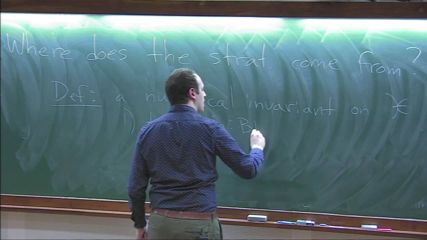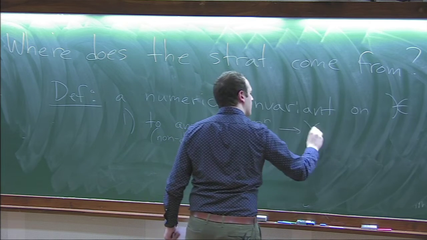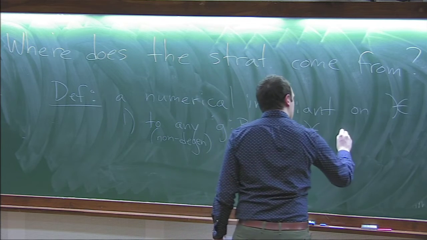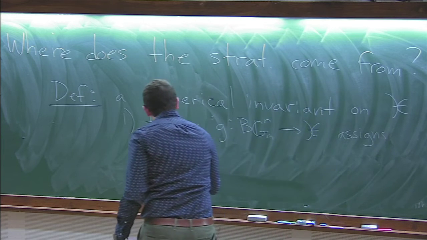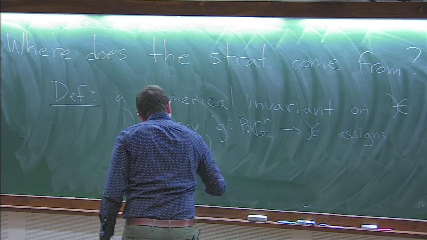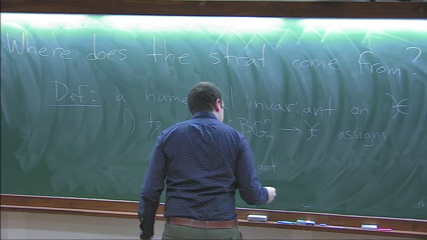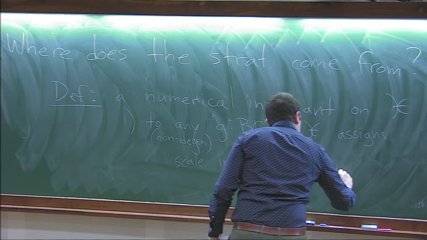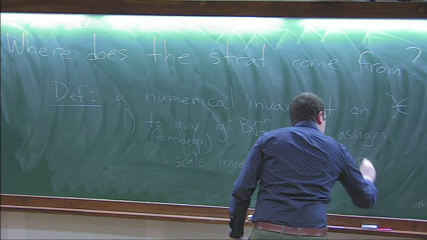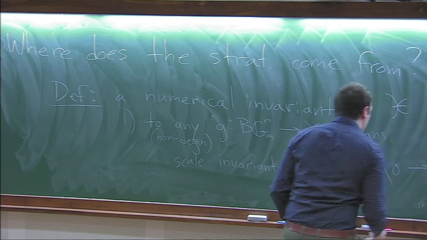any non-degenerate map from BG_m^n into X, it assigns a function. So it's a real valued function, scale invariant.